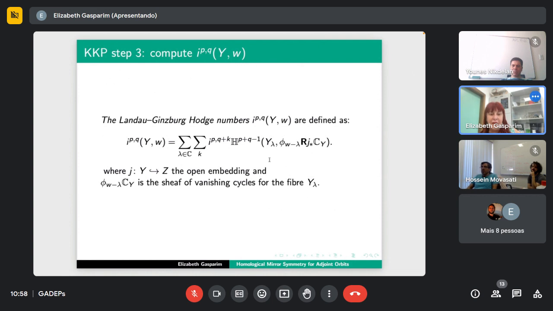And then you take the hypercohomology of the complex of constructible sheaves of vanishing cycles. So long to say, but anyway, this is defined directly from the vanishing cycles, and again generalizes the standard definition. Of course, there are many conditions which I'm not saying here, but it's long if we discuss in detail.